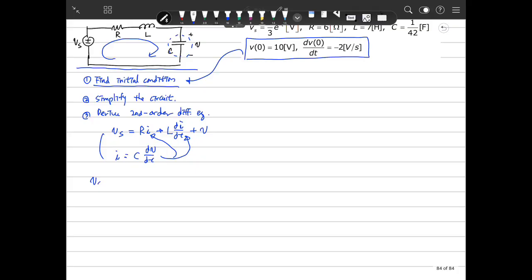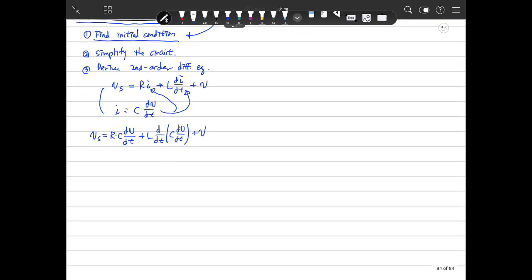Vs will be RC dV/dt plus L d/dt of C dV/dt plus V. Then we can simplify the equation: Vs is RC dV/dt plus LC d squared V/dt squared plus V.